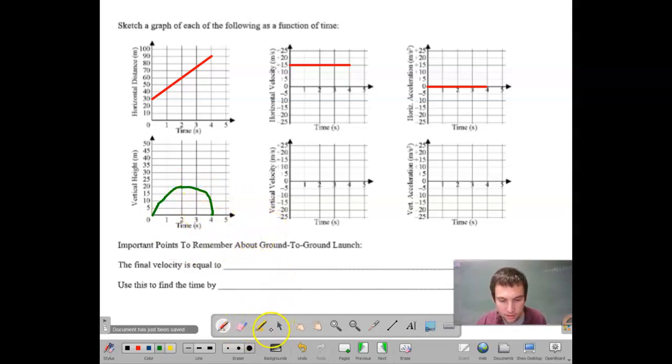And then the vertical velocity. We started off with an initial velocity in the y as 20 at t equals 0. At 2 seconds, we changed direction, right? The parabola is going up.